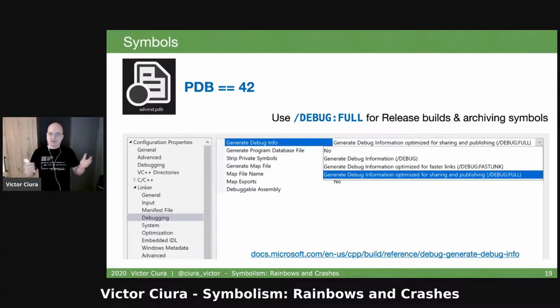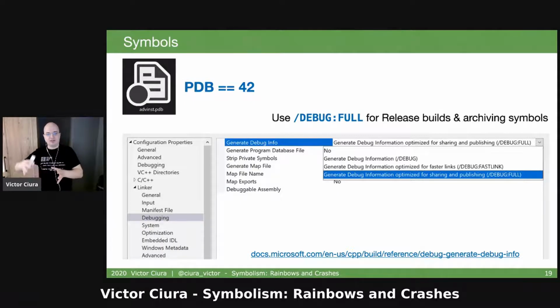Also, the PDB is the answer to everything, life, universe, and whatever. And you want these PDBs to be full-featured. A few years ago, Microsoft, in efforts to optimize and streamline the debug build cycle, they actually made an option to have a Fastlink phase that produces a streamlined PDB.